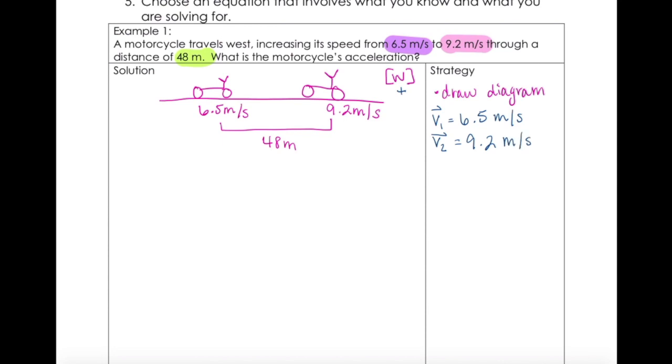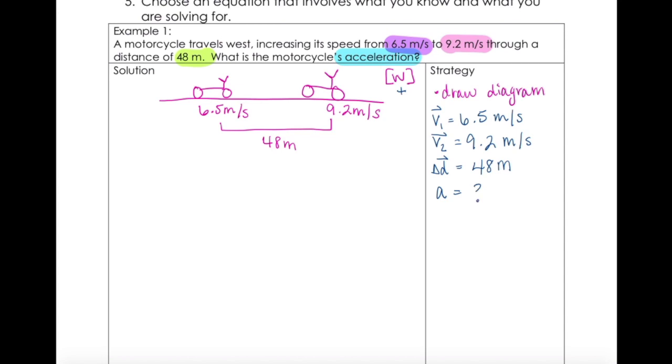And then we have our displacement or distance, and it's 48 meters. Okay, and the question that it's asking in this part is, what is the acceleration? Okay, so acceleration is what we are looking for.